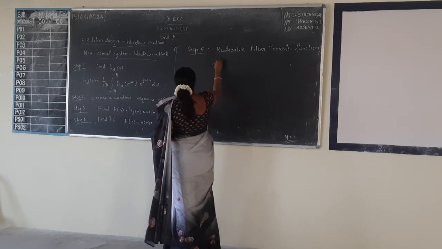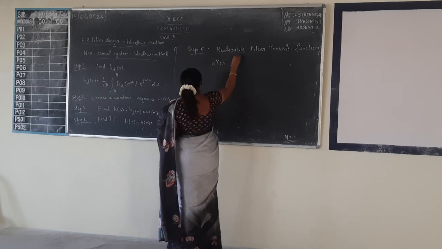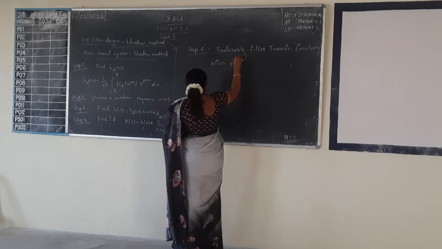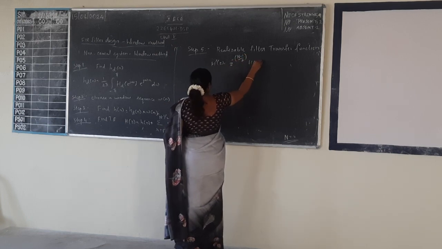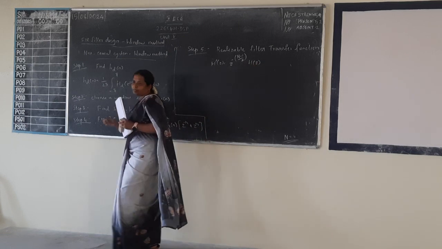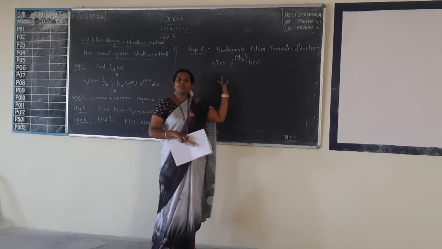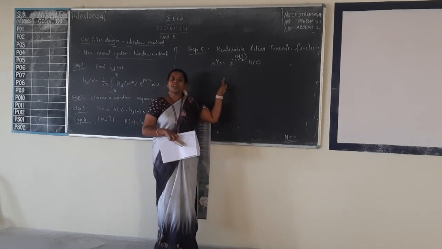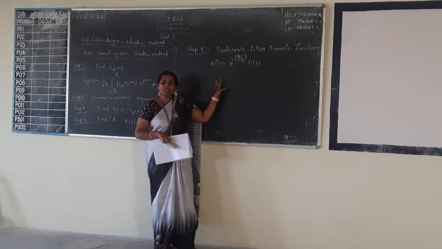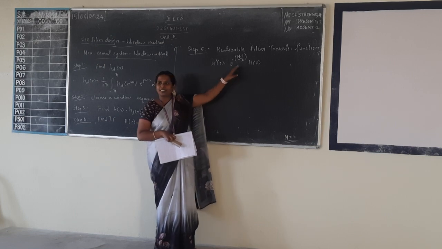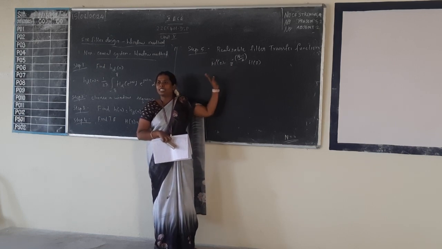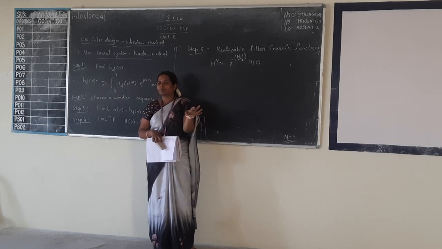H dash of z is equal to H of z into z power minus of n minus 1 by 2. So the realizable filter transfer function means, so far we have found a non-causal system. In order to get that in causal form, we have to multiply that with z power minus of n minus 1 by 2.